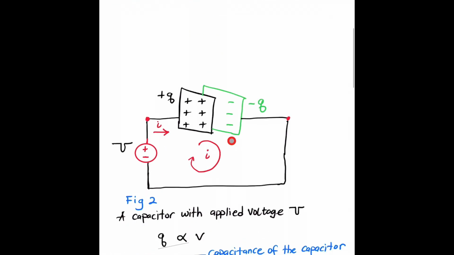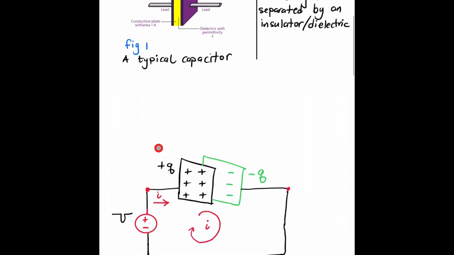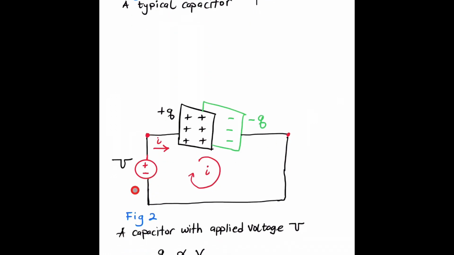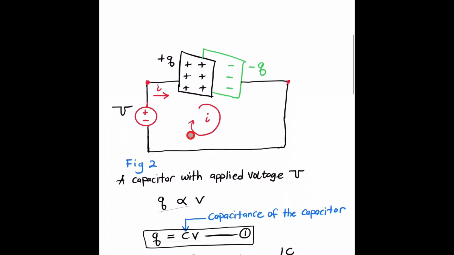And when we go to fig 2, it's basically this capacitor in a circuit. And we apply a potential difference to the capacitor, and then the current is going to flow clockwise.